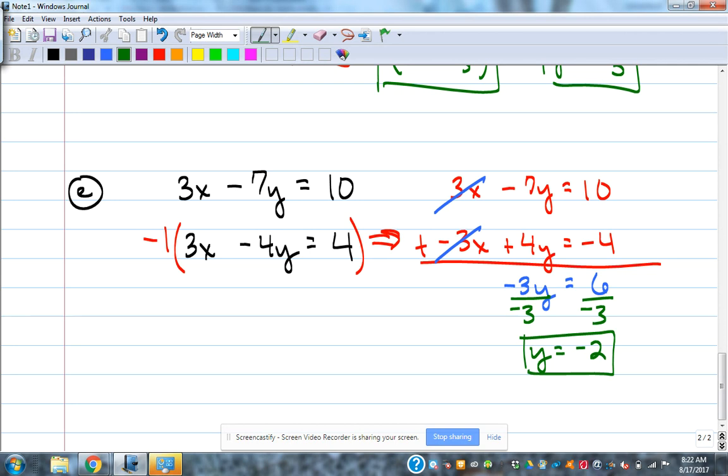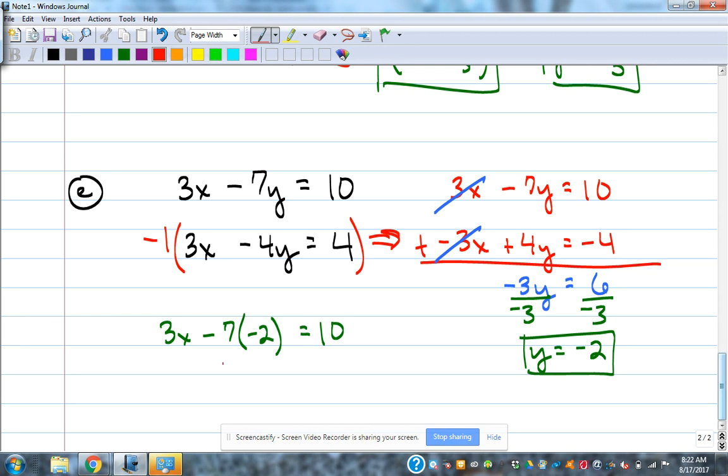That's nice. How do we get x? Plug y into one of the equations. Pick which one you think is the easiest. I'm going to go with the first one. 3x minus 7 times -2 equals 10. No matter which equation you pick, you should get the exact same answer for x.